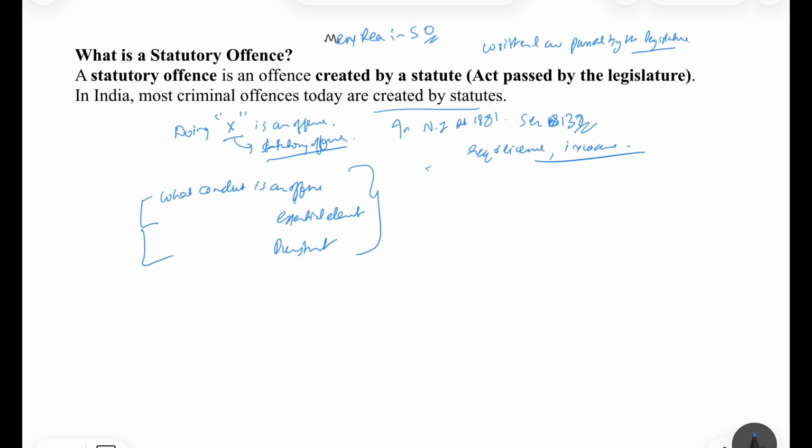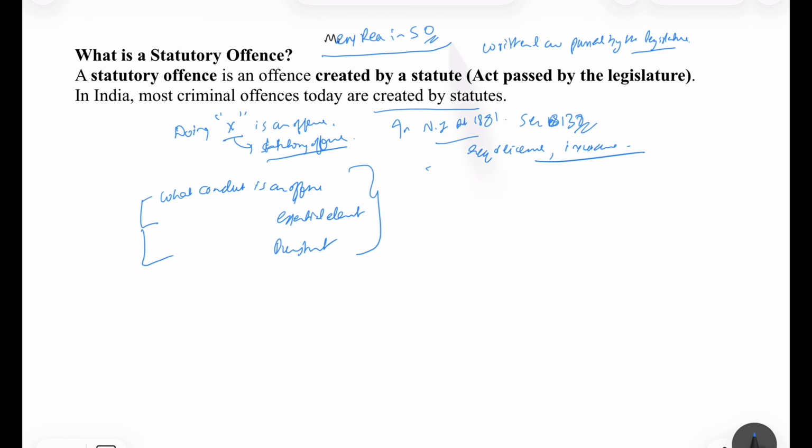Next, sometimes we think that statutory offences means only offences under special acts like the Environmental Protection Act or the Motor Vehicles Act, but this is not correct. Every offence created by legislation is a statutory offence.